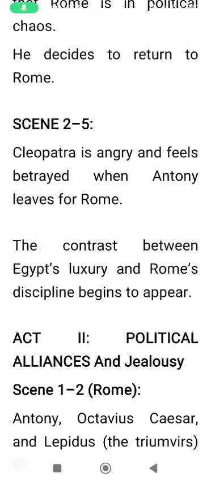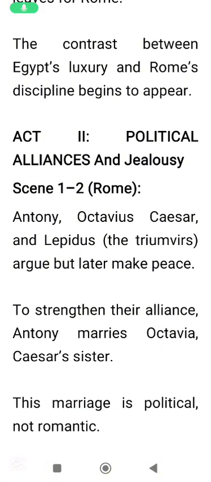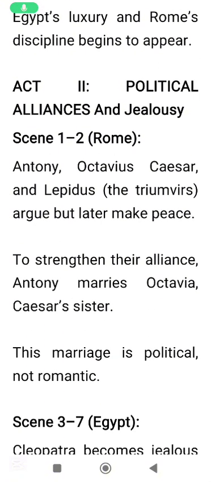Then we have scenes 2 to 5, where Cleopatra is angry and feels betrayed when Antony leaves Egypt for Rome. Then the contrast between Egypt's luxury and Rome's discipline begins to appear, and that causes a battle. Then we also have alliance and jealousy. We have political alliances and we have jealousy.